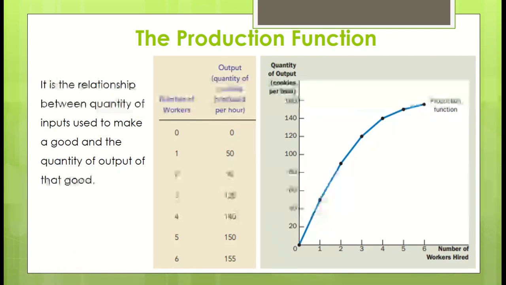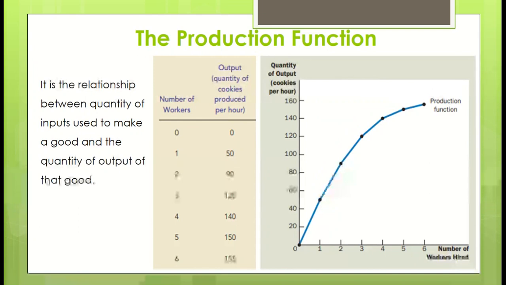If the labor is 0, then the output produced is 0. You can also see it from the graph that if the labor hired is 0, at this point the quantity of output produced is also 0.